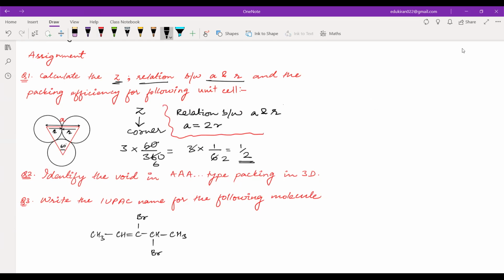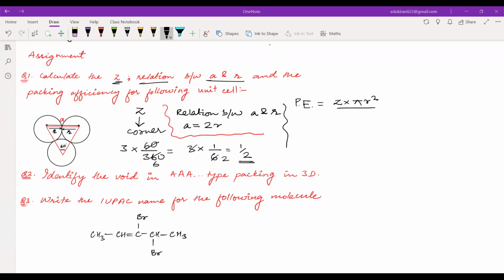So packing efficiency will be equal to Z into this. These are circles, that is why this will be pi R square divided by the area of the unit cell. What will be the area of the unit cell?